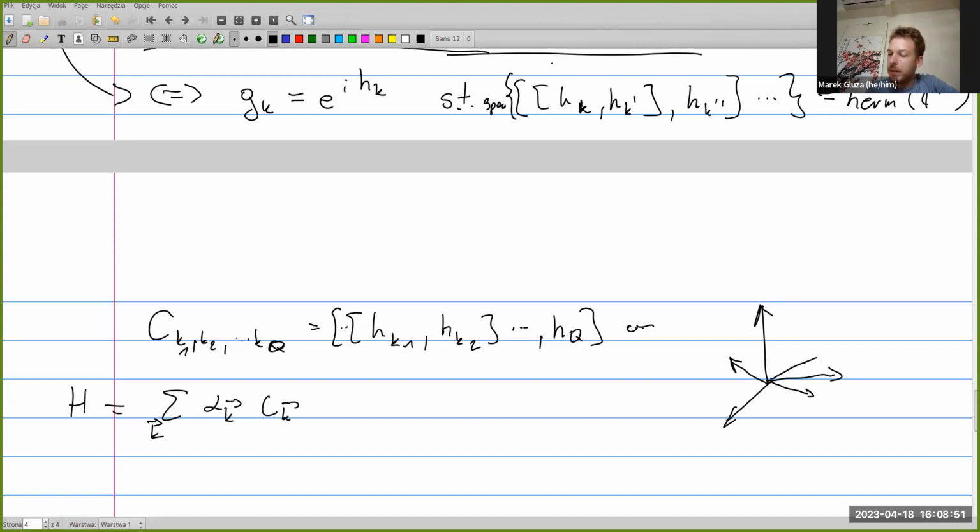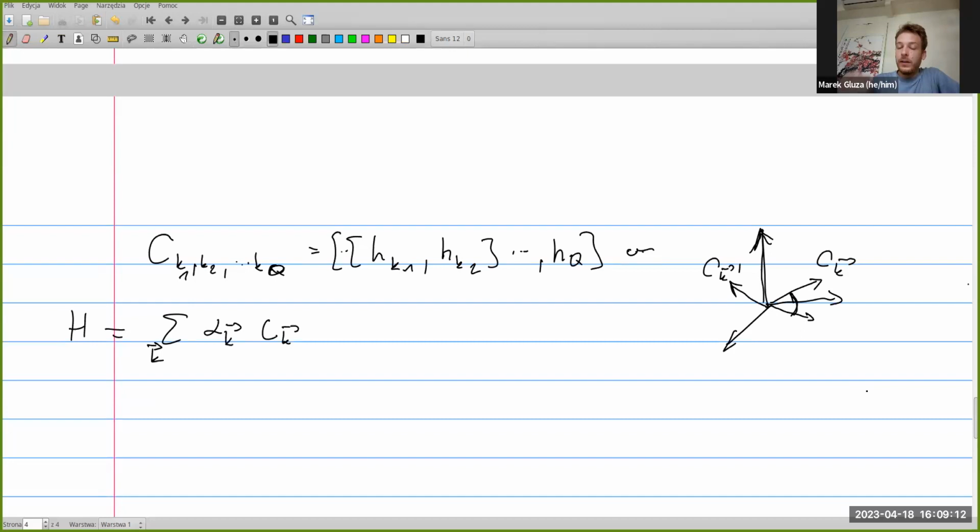So maybe something like this, that basically they are not orthogonal, they have a small angle, and then I could maybe orthonormalize the spaces, and our C_K, C_K maybe prime, are such a non-orthonormal basis, but at some point, if I take sufficiently many, then they will allow me to write any Hamiltonian in such a non-orthonormal basis. Okay?